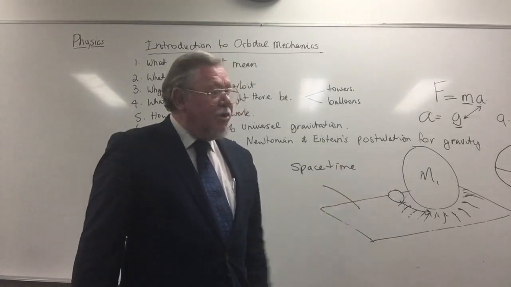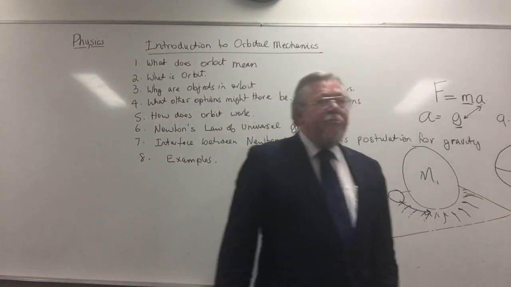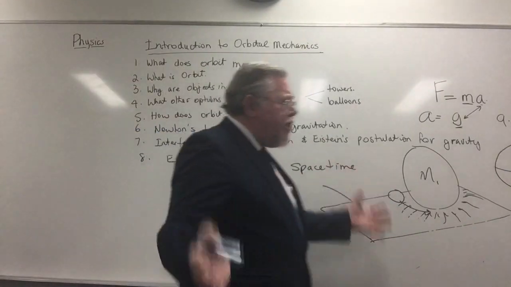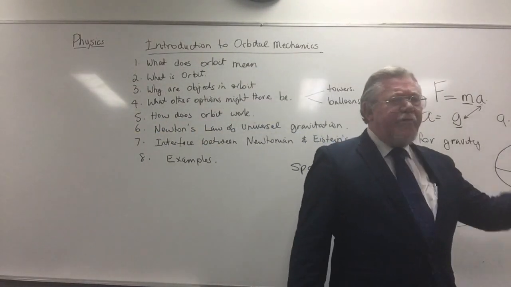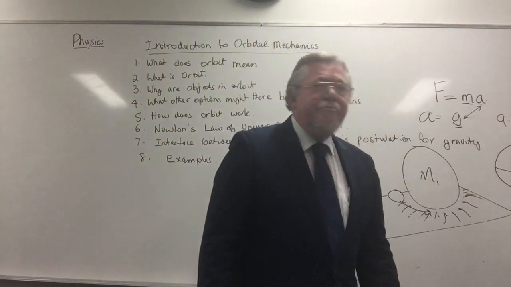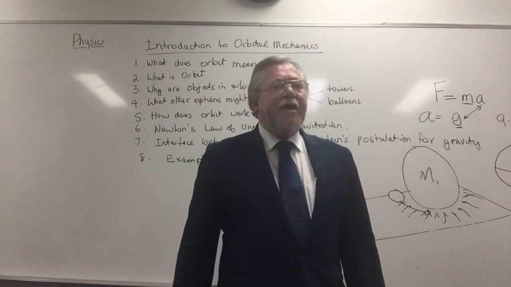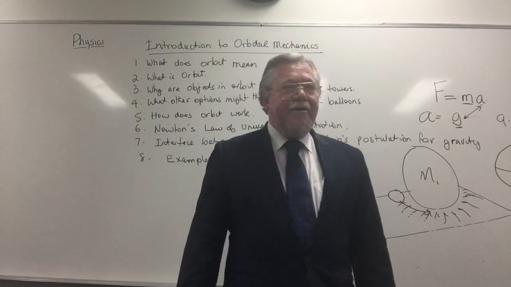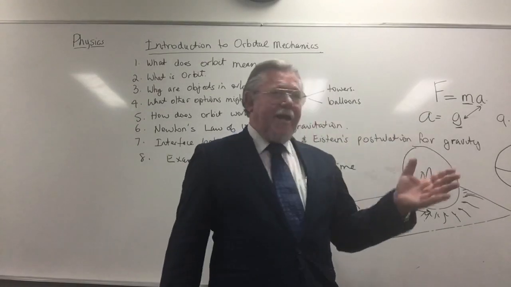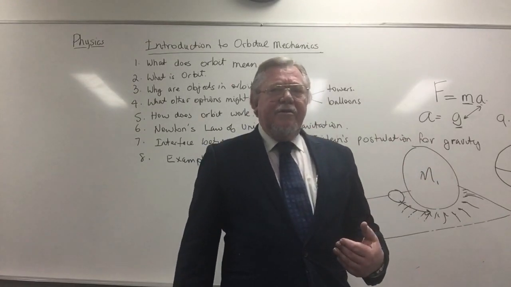So here's an example where once upon a time people said, well, that's the truth. The truth is the Earth is a sphere. Well, turns out that wasn't the truth. It's not exactly a sphere. It's an oblate sphere.